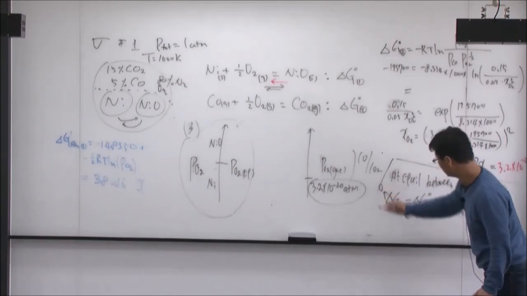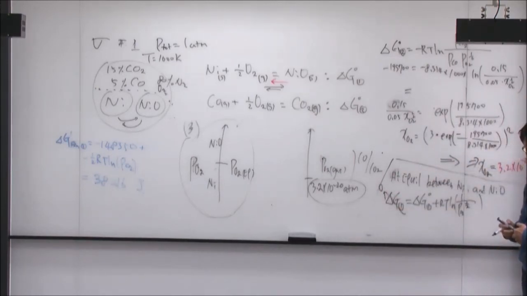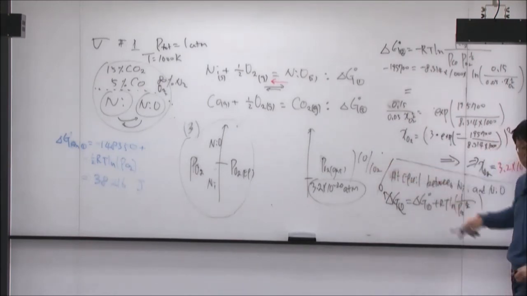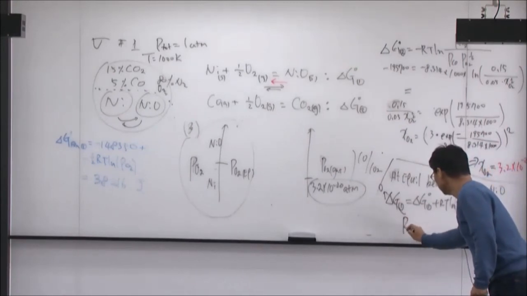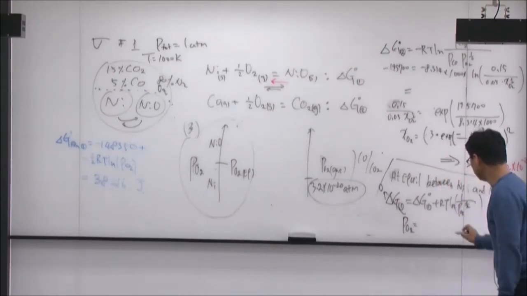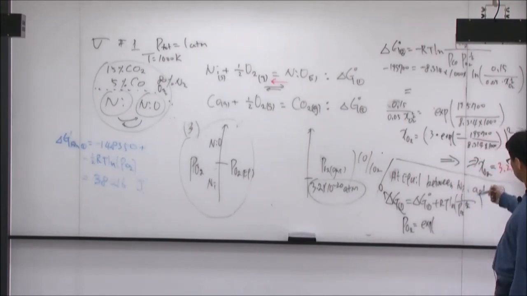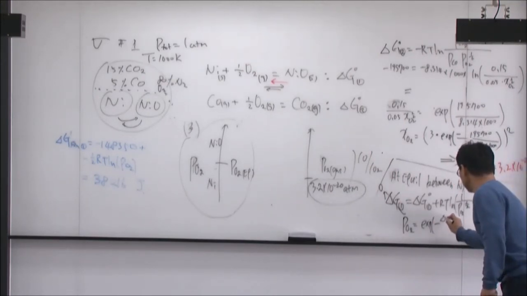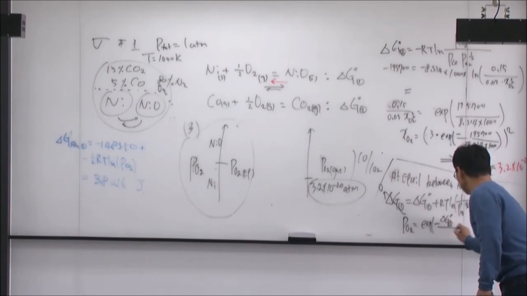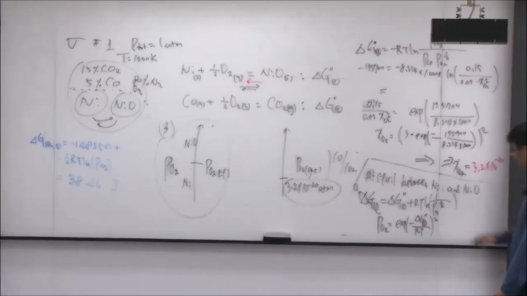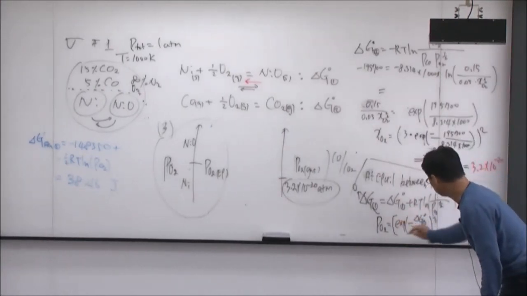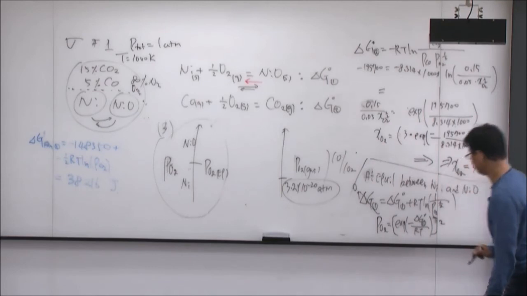I'm assuming this is 0 to get the virtual equilibrium partial pressure for nickel and nickel oxide. Then PO2 will be the exponential of minus delta G naught 1 over RT, all squared.